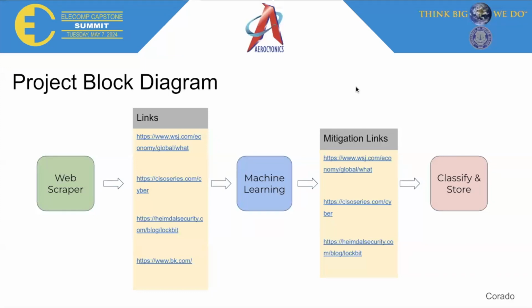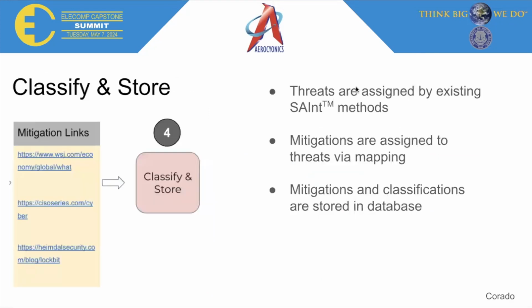And now I will go more in depth on what we do with these verified mitigation links. That process is we classify these mitigation links and then we store these links and their information away for further use. So first and foremost, we assign threats to the mitigation links. This is done using an existing Saint method that uses the contents of each article to assign their threats.